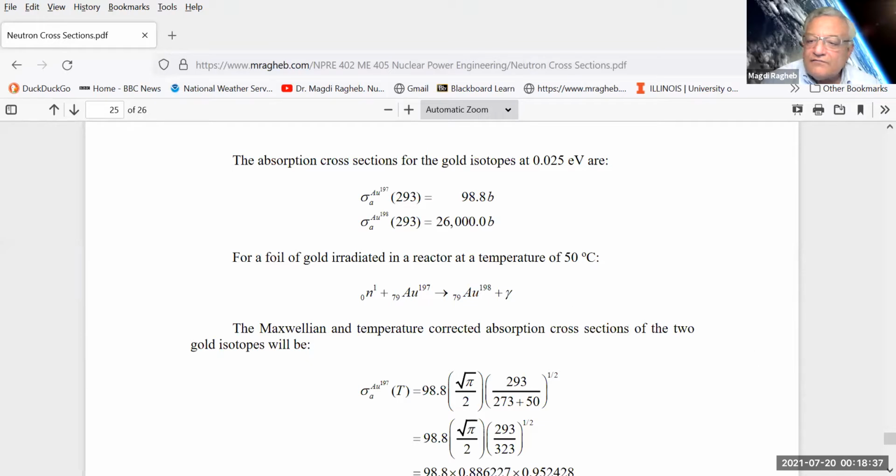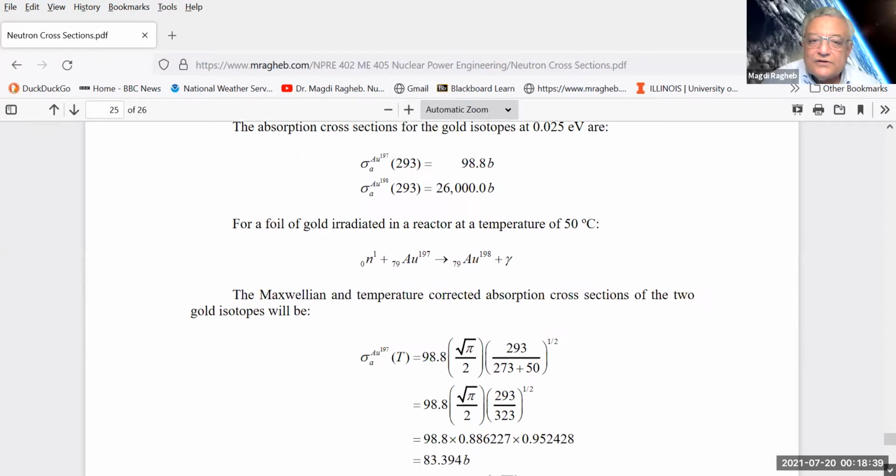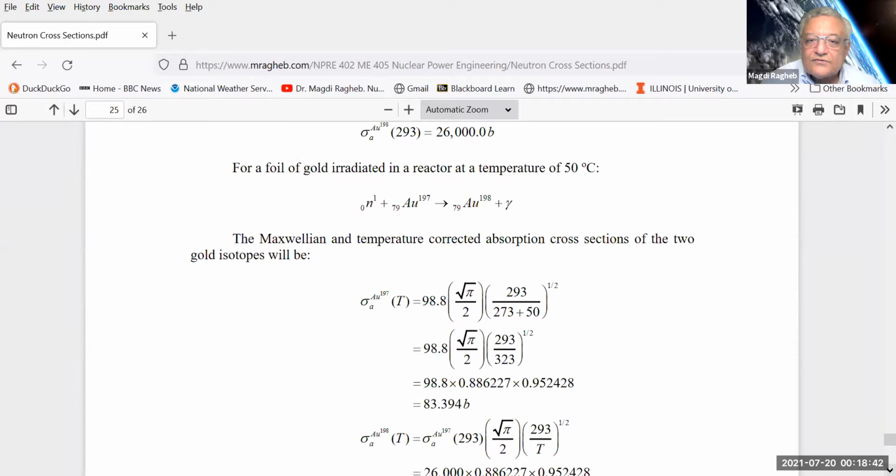So you can, in fact, use gold foils to measure the flux in a nuclear reactor, the power level. You introduce a gold foil, a little tiny piece of gold, and irradiate it with the neutrons. That produces the gold 198, which is a very high neutron absorber.